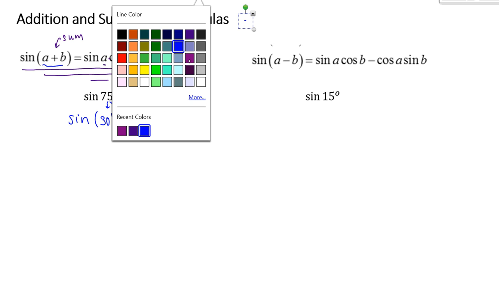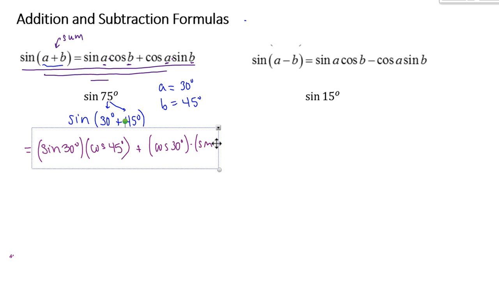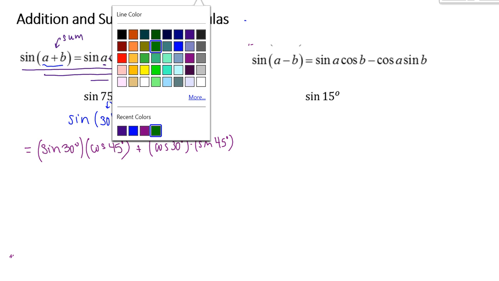Okay, here's what it looks like when you plug it in. Equals sine of 30 times cosine of 45 plus cosine of 30 times the sine of 45. And then you go back to your table and you plug in the values given there.